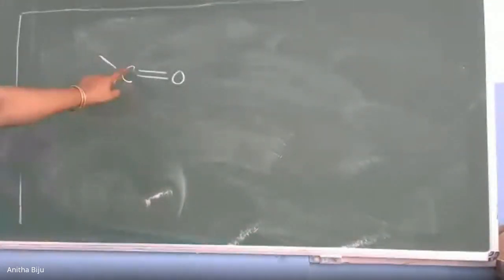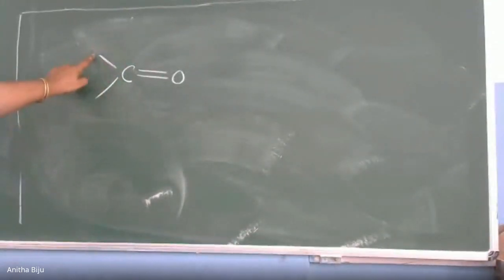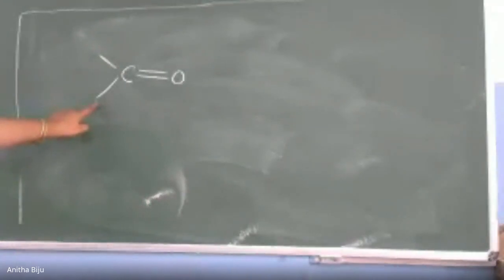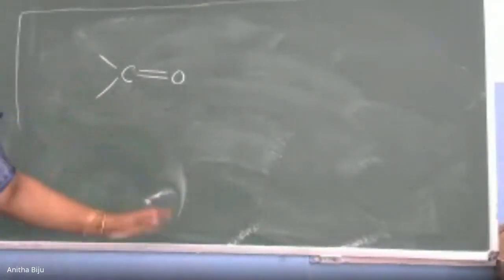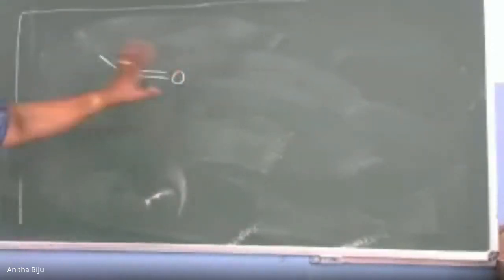And for aldehyde, only one R is there and one H. There is no other difference, and after all, addition takes place at the double bond. So we will take care of this one. You know that this carbon is sp2 hybridized and trigonal planar in shape with a bond angle of 120 degrees. When a nucleophile attacks this compound, what will happen?